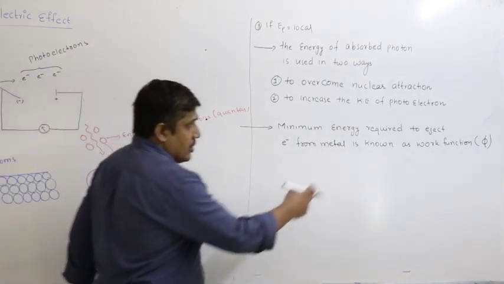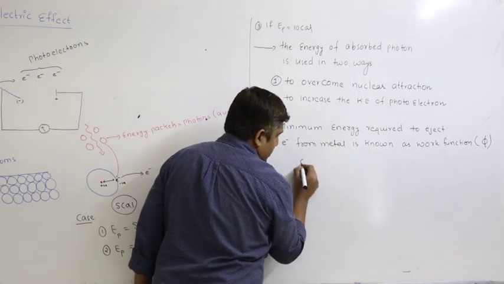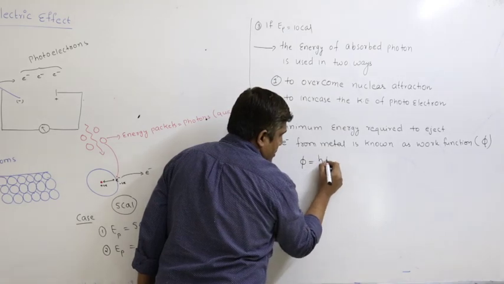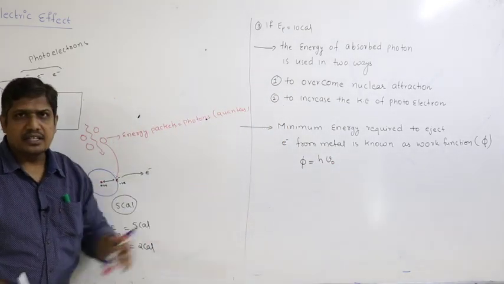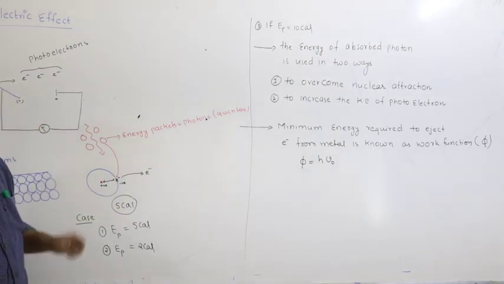Now, how do you calculate work function? This is the equation. Same, energy of photon, this is also energy. Minimum energy the photon should provide.